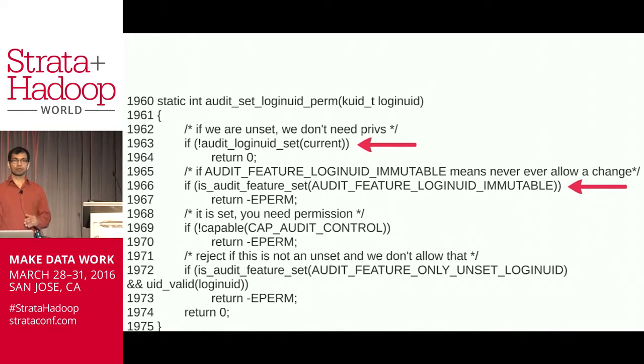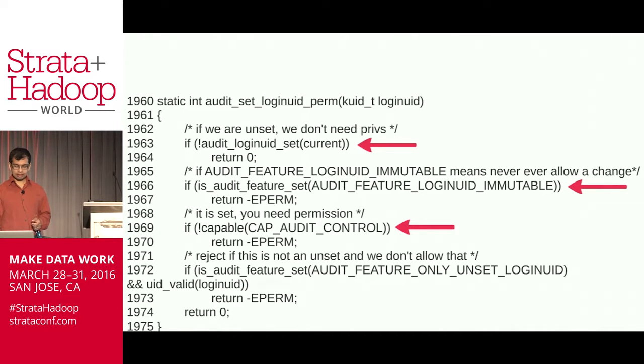But even if we turn that on, there are other checks. So do you have the capability? In Linux, the root user has these things called capabilities, special capabilities. So do you have the capability to control the audit, modify the audit? That check fails.